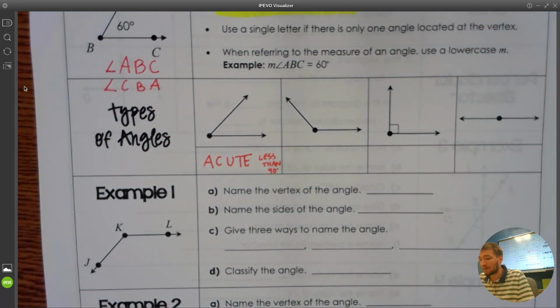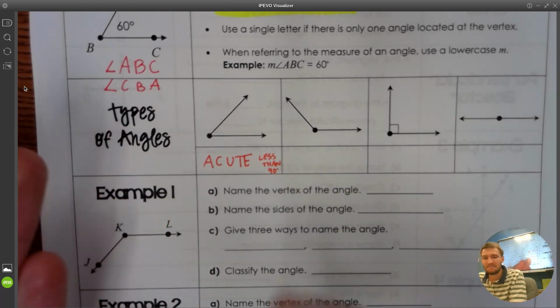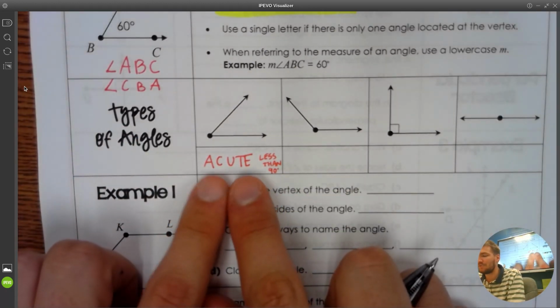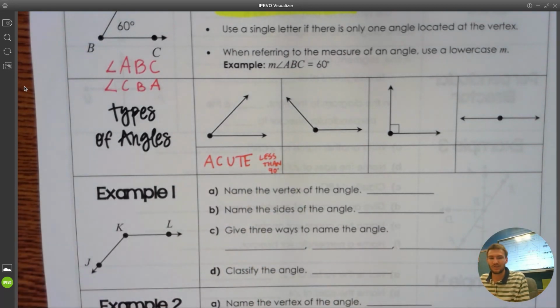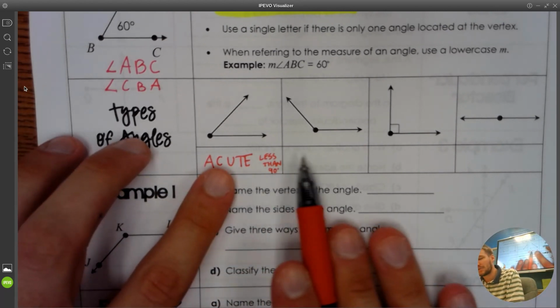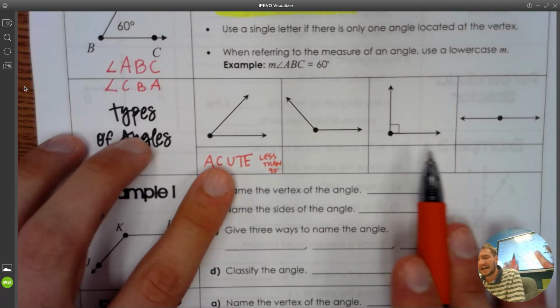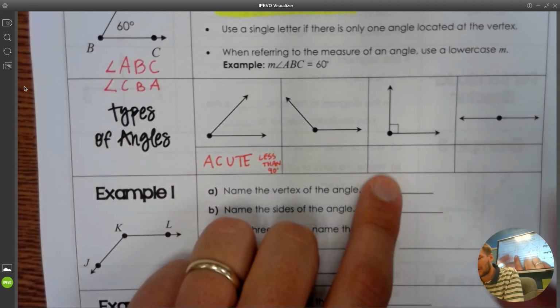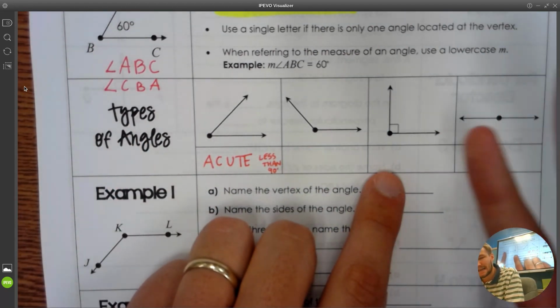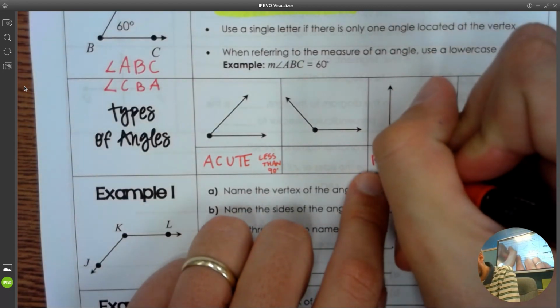Now, to me, it doesn't make a whole lot of sense why they would put acute first, because I feel like we need to first talk about what a 90-degree angle is. So which one of these pictures would you say is exactly 90 degrees? The third one. And what is our fancy word for a perfect 90? A right angle.